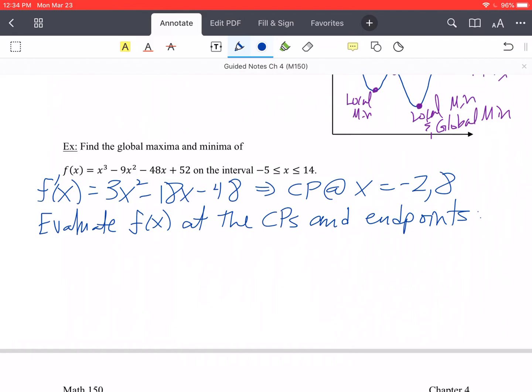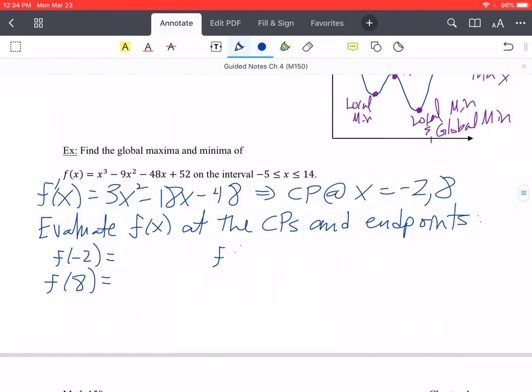So if we do that, we find critical points, f of -2 and f of 8, and then the endpoints, we have f of -5 and f of 14.